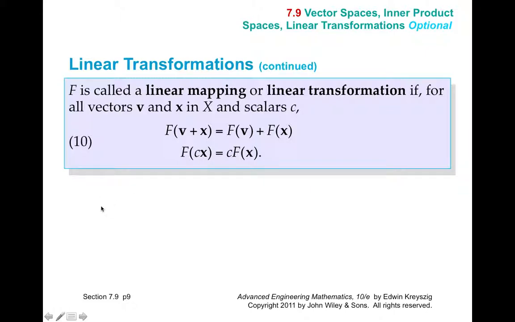So this is just a little bit more about linear mapping. F is a linear mapping, or a linear transformation, if for all vectors v and x in X and scalar c, the transformation of the sum is the sum of the transformations. That's a common definition of a linear transformation. Also, multiplication by a scalar can be done either before or after the transformation and will not affect the final outcome.